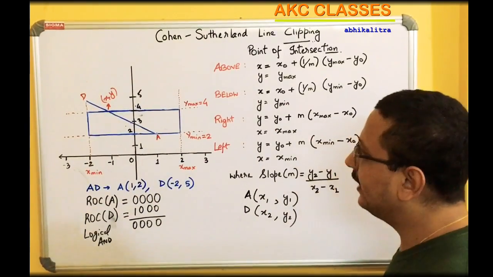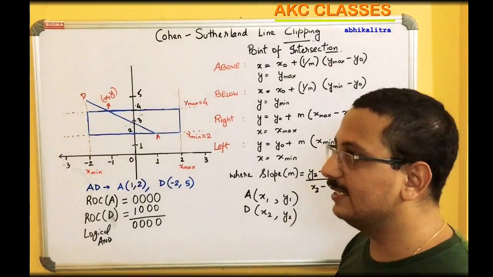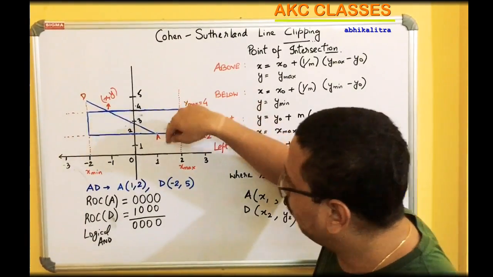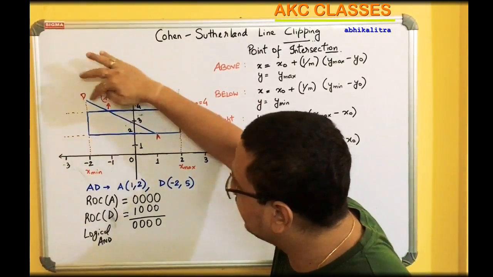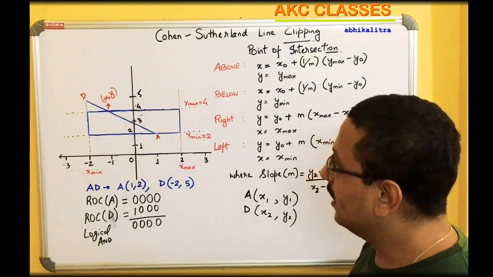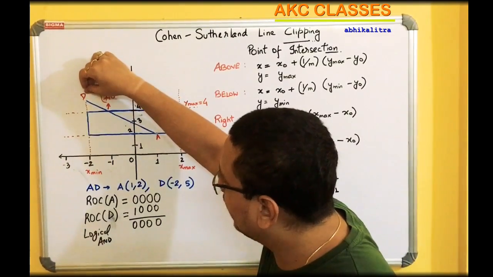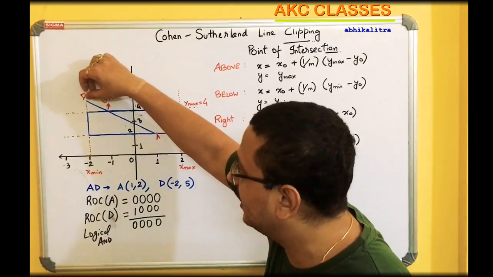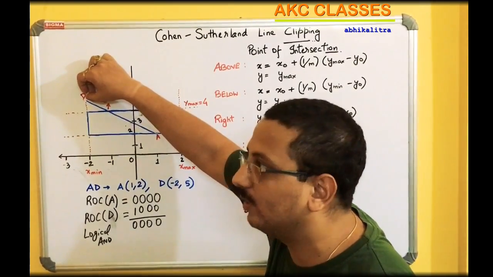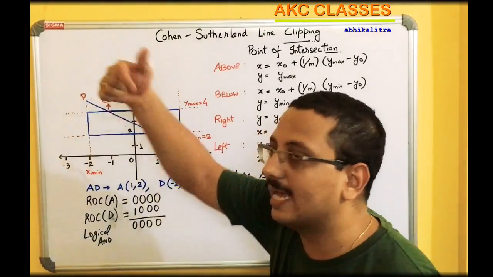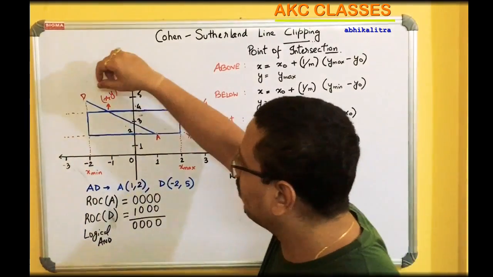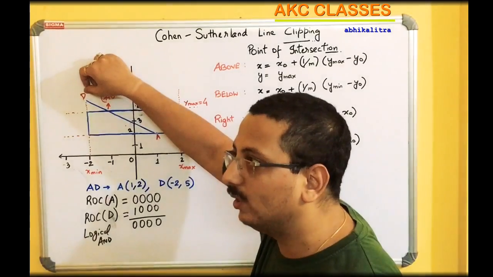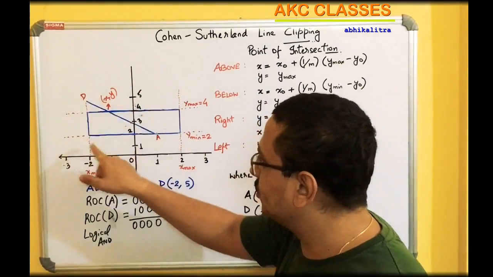So when we have calculated the slope of the line, what is given to us? Out of these two endpoints, D is outside the rectangular boundary. So the coordinate location we are really concerned with is D, because the line that starts from D is the one that has to be trimmed off. We are supplied with the D coordinate location, and we know the slope of the line.